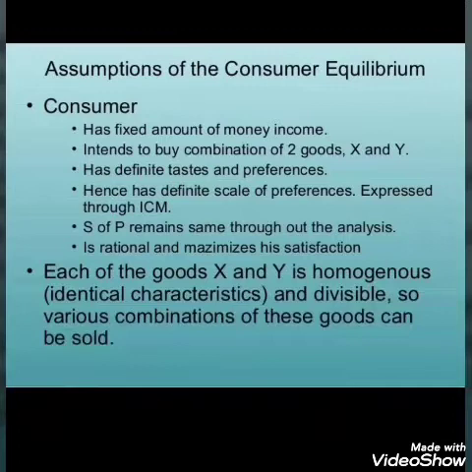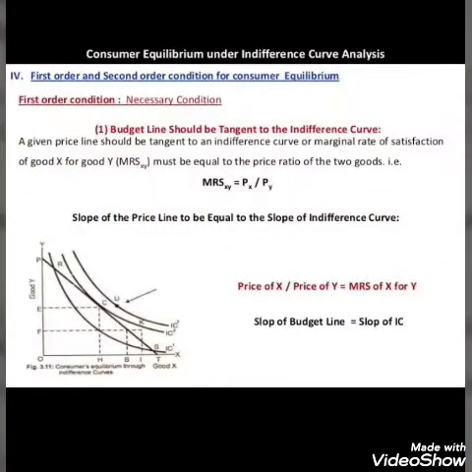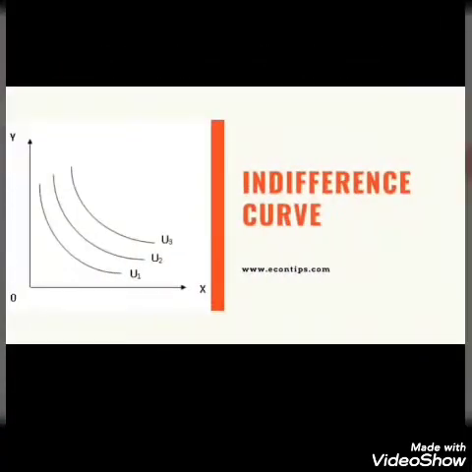Now the question is, what is an indifference set and an indifference curve. The first thing is the indifference set. It is a set of those combinations of two goods which offer the consumer the same level of satisfaction, so that the consumer is indifferent across all combinations in the indifference set.